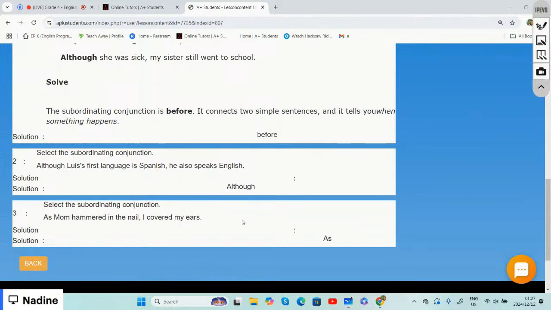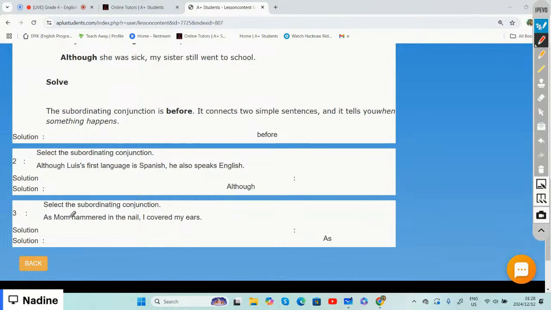It says, although Luis's first language is Spanish, he also speaks English. Although Luis's first language is Spanish, he also speaks English. What is the subordinating conjunction within that sentence?